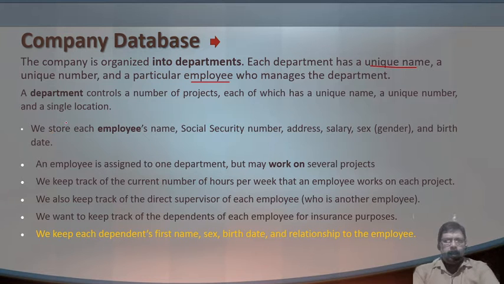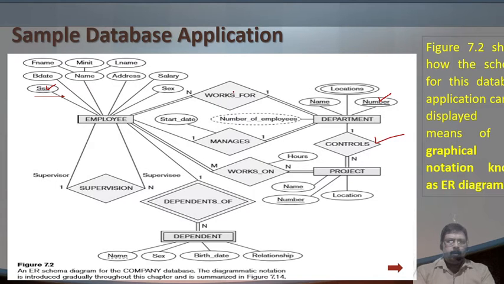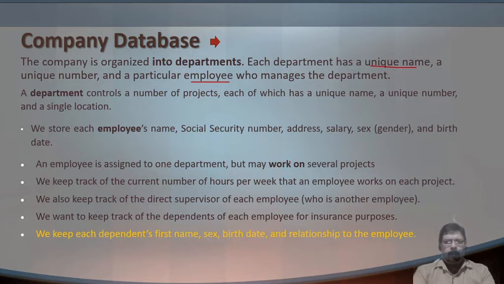See, the next concept is that in the employee table we are storing all the details such as name, salary, and all these things, and an employee is assigned to one department but works on several projects. That is the relationship they have given. An employee works for a single department, but he may work on more than one project.